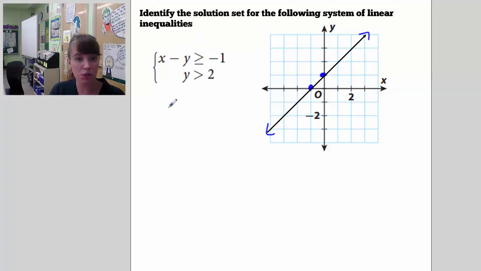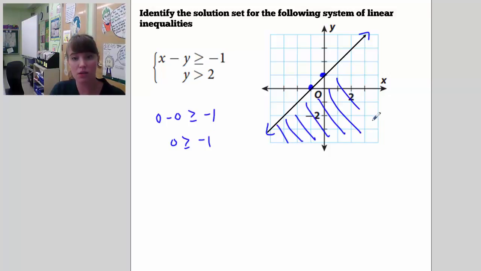So the origin's here, let's put the origin in. 0 minus 0, is that greater than or equal to -1? 0 is greater than or equal to -1, so we are shading below like this. Okay, now y is greater than 2. Now this is funny because it would seem like it was a one-dimensional inequality, but I want you to remember that the boundary line is going to be y is equal to 2. So that right there is a horizontal line like this.